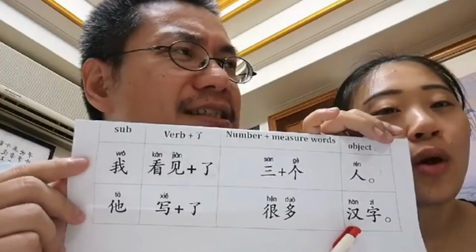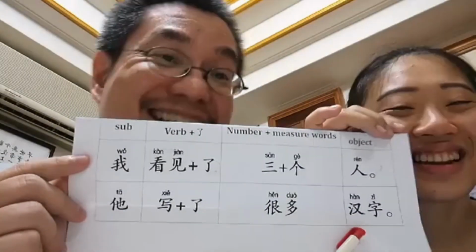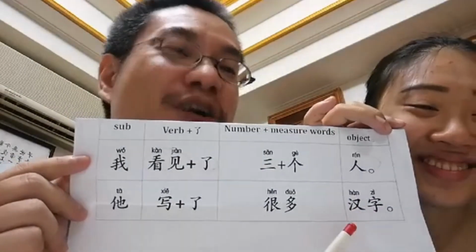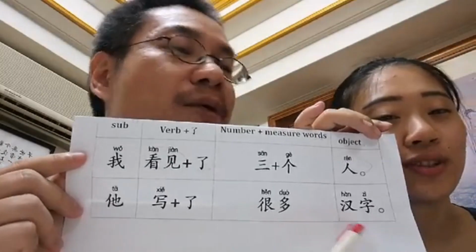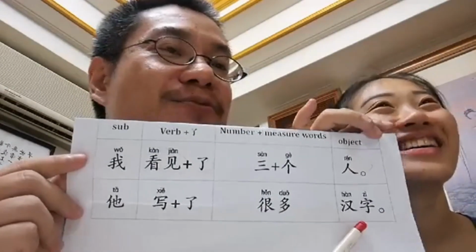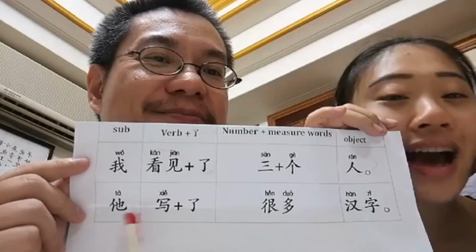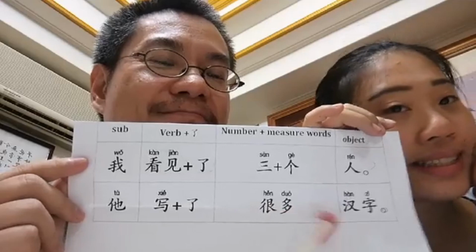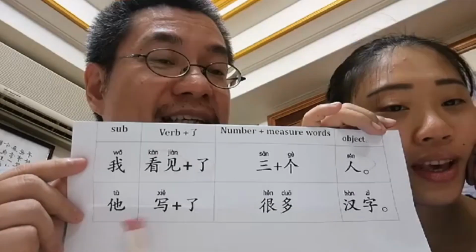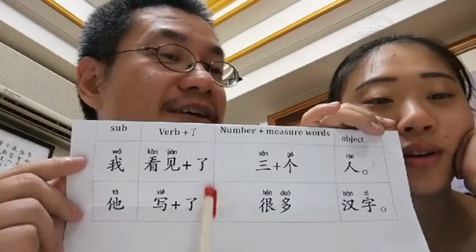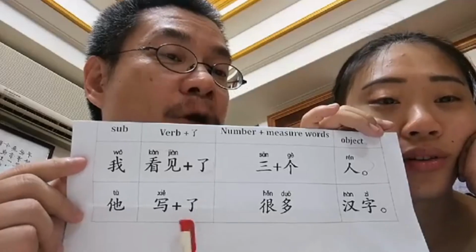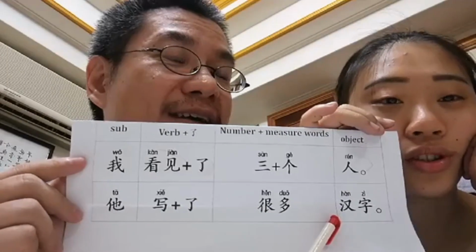汉字 means Chinese words, right? 汉字, or you can say 中文字. 字 means word. Okay, Abby, let us read the sentence. 他写了很多汉字. In English, it means he wrote, we use the past tense, he wrote many words.